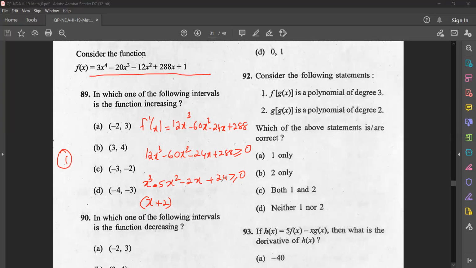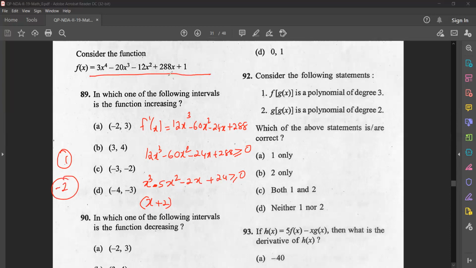That is not equal to 0, so that is not a factor. Then check 2. 2 cube is 8, 8 minus 5 into 2 square, 20, minus 2 into 8, 16, plus 24, that is also not equal to 0. Now put minus 2. When you put minus 2 for x, you will get this function as 0.